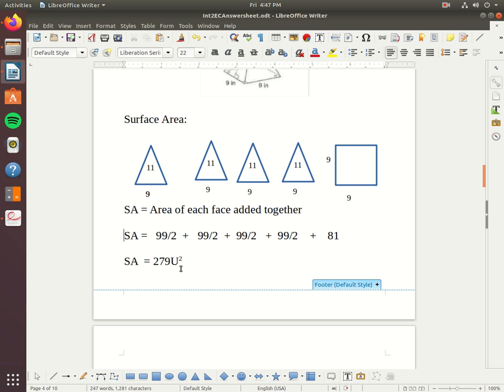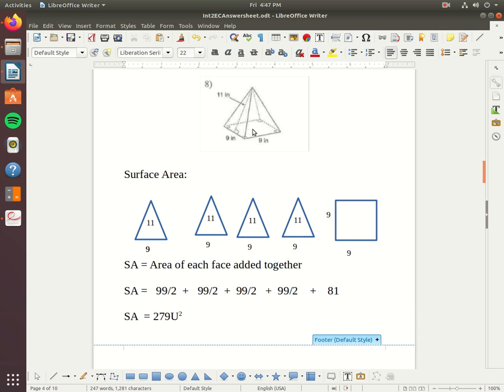You'll notice, too, I put U squared. If they don't give you units, that just stands for unit squared. And area is in 2 dimensions, we talked about that a lot this year. You're looking at how much seed you'd have to put in the middle. We're going to talk about volume in a minute. Volume would be, like if you were going to fill this with a liquid or something, how much you could put in, so it's in 3 dimensions. But if they give you centimeters, put centimeters squared for surface area. If they give you meters, put meters squared.